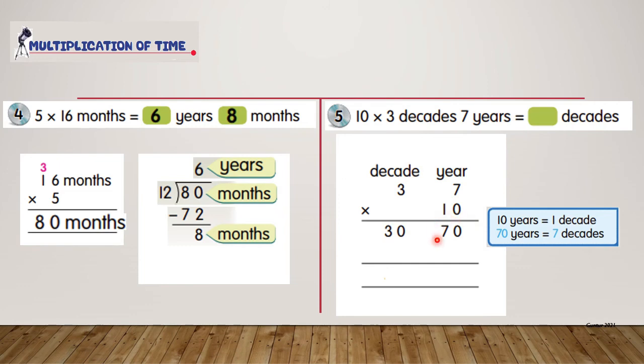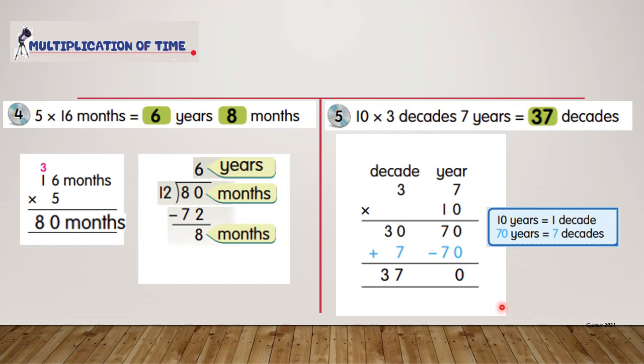So here is 70 years is equal to 7 decades. We subtract 70 years and then add 7 in decade. Then you can solve it. 70 minus 70 got 0. 30 add with 7 got 37. So the answer here is 37 decades and 0 years. The answer in decade, just write 37 decades.